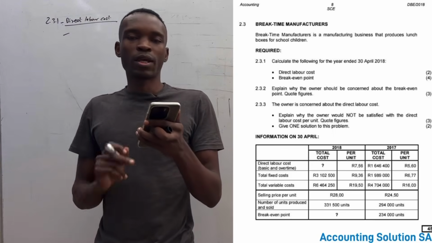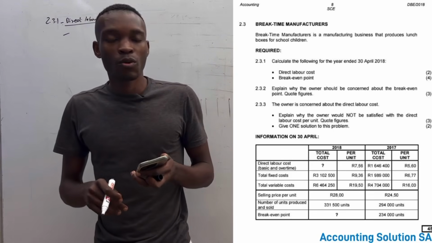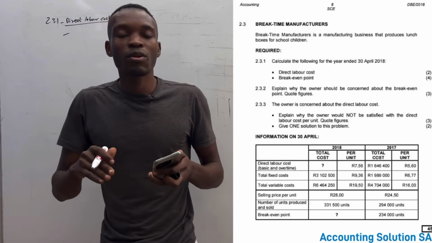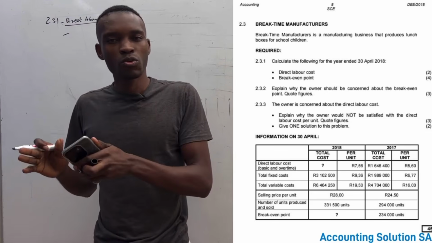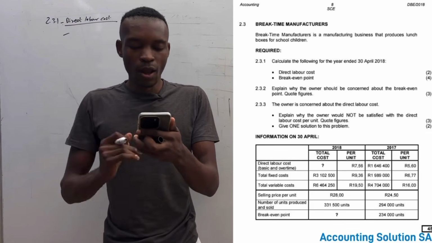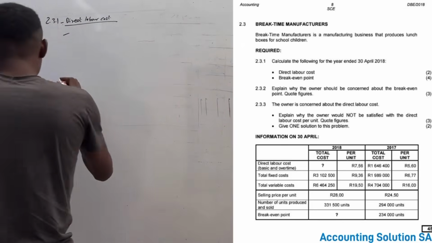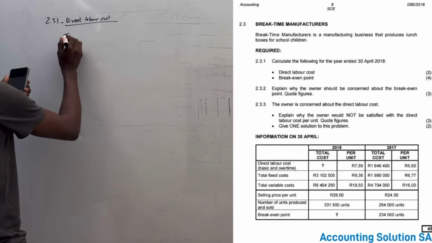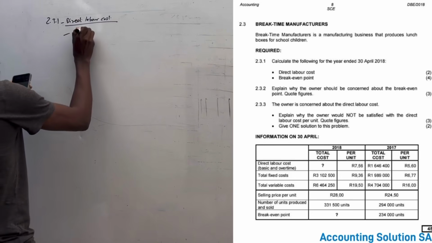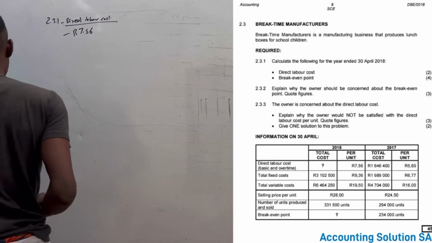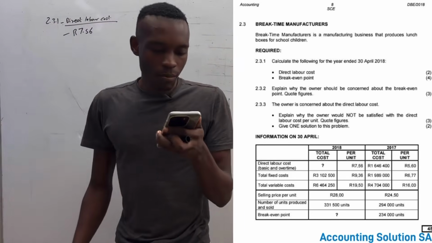Because now we know direct labor is variable, which means it depends on how many units are produced, so we need to check how many units were produced so that we can multiply by the per unit amount that we are given. Okay, the per unit amount is 7 rand 56. And now let's check the number of units produced.